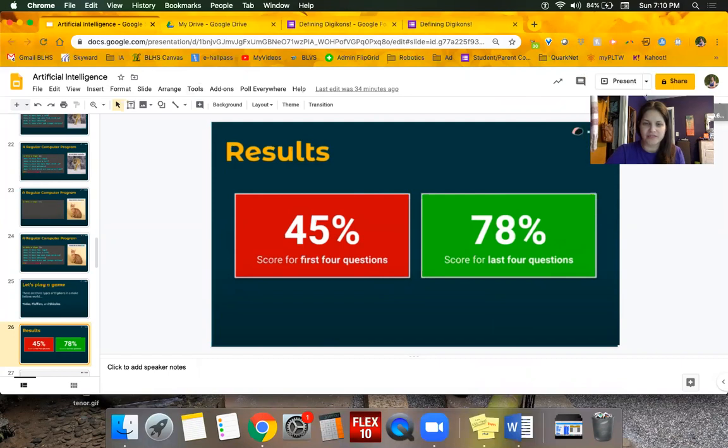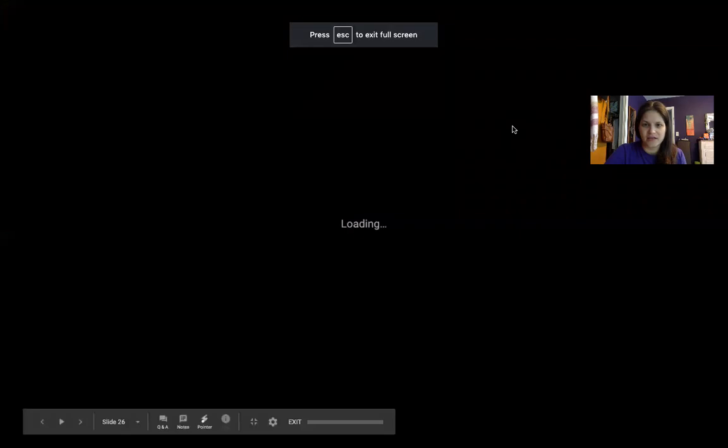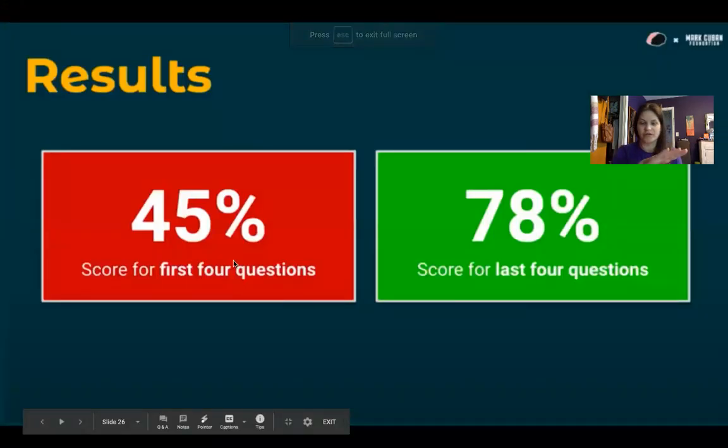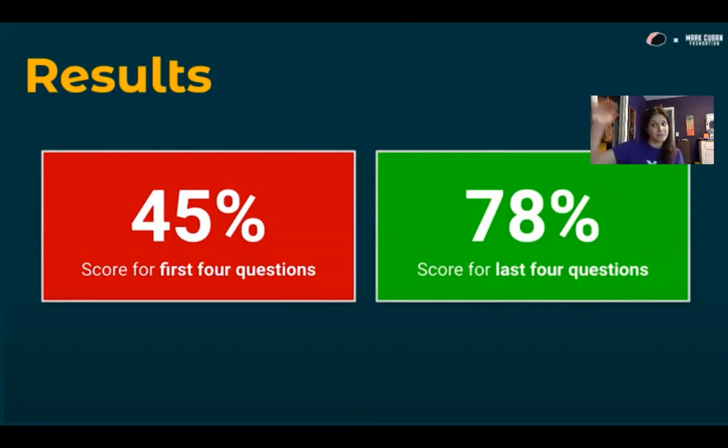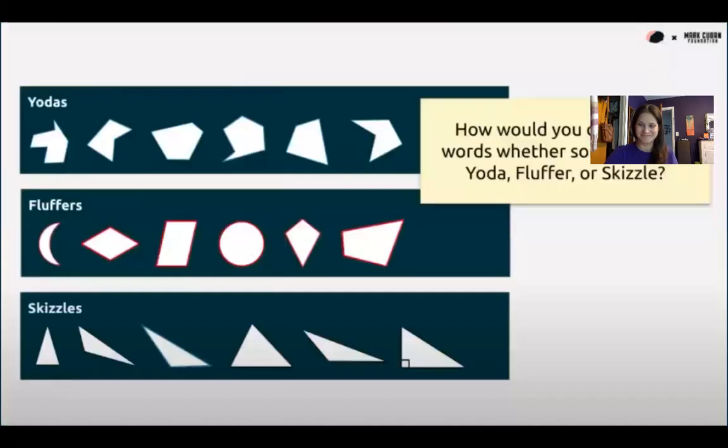This is actual data from the game when I played it the day of the workshop. You can see that on the first 4 questions, we were all failing, but by the last 4 questions, we were almost at a B. So you can imagine that if there were more than just 18 questions, then we would get better and better at it. And that's exactly how artificial intelligence learns. It uses examples to get better at being able to discern things.